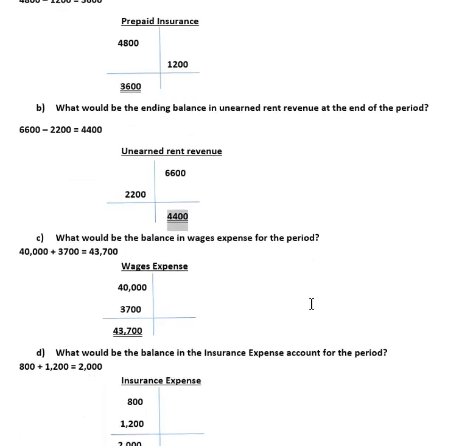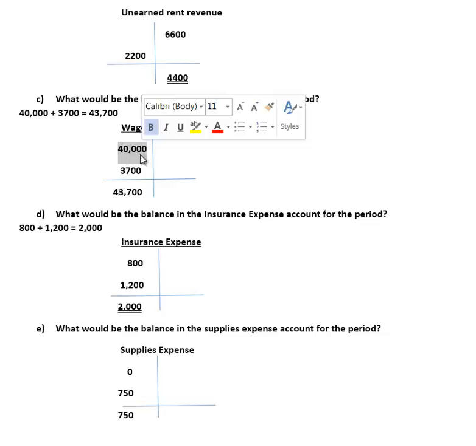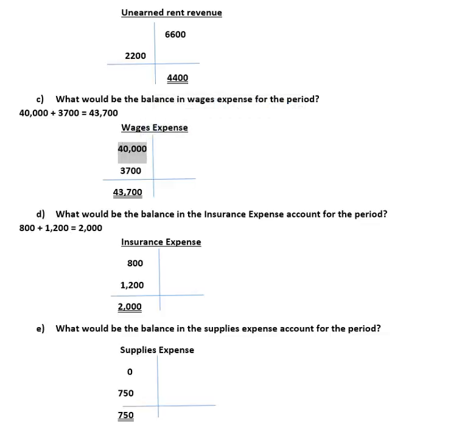Now, what would be the balance in the wage expense for the period? Well, if you go back to your question, it told you that up to December the 28th, they had $40,000 in wage expenses already booked in the account. Those were wages incurred in 2017 and also paid. But we had to book an adjusting entry, you'll remember, for $3,700, which was to expense wages for the last 3 days, 29th, 30th, and 31st of December, for which employees won't be paid until January 2018.